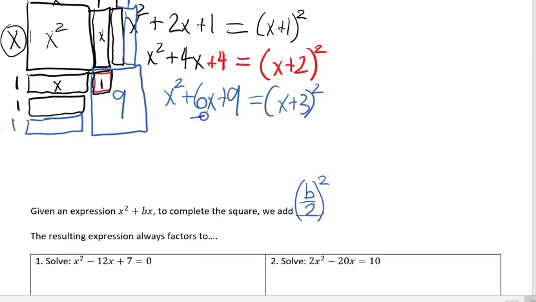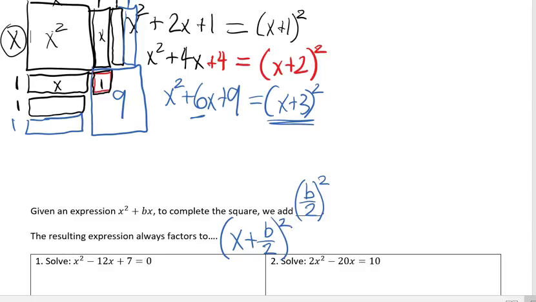Like 6 divided by 2 would be 3, and 3 squared would be 9. And the resulting expression always factors to x plus the middle coefficient divided by 2, all squared.